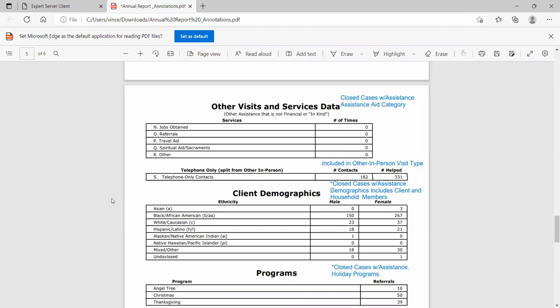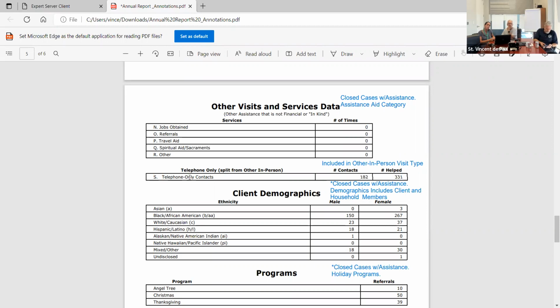So if we can say that the other in-person number helped is really the point to focus on, then we can really de-emphasize this telephone only, which is my request and question. Yeah, again, this is just information only, the way I look at it.